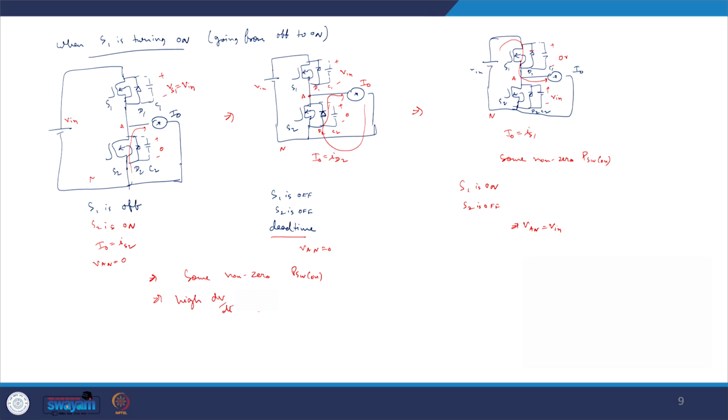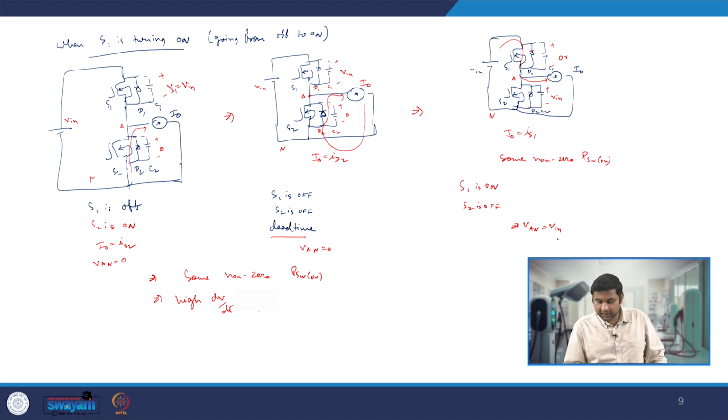You can say that this transition, where the VAN voltage goes from 0 to Vin, only depends upon how fast you are creating the channel in this switch S1. That is, it all depends upon how fast your gate drive circuit is.